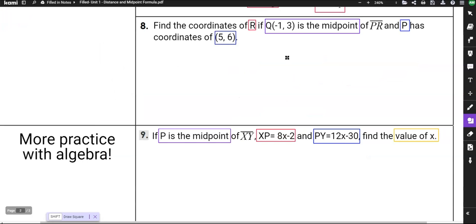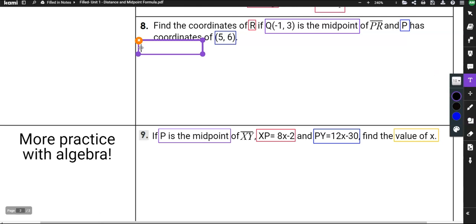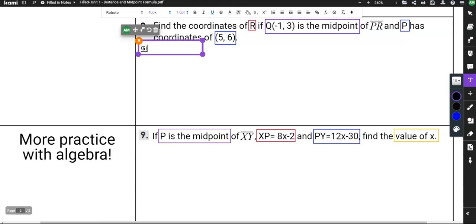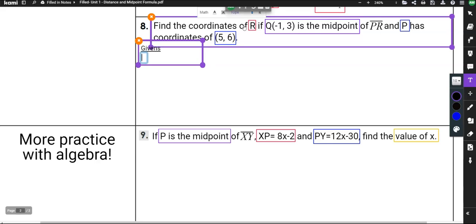Number 8 asks us to find the coordinates of R if Q, -1, 3, is the midpoint of segment PR, and P has coordinates of 5, 6. So again, we're going to start this problem off the same way we do every other problem by listing our givens. So in this instance, we are again given the midpoint and point 2 or point 1, your preference.